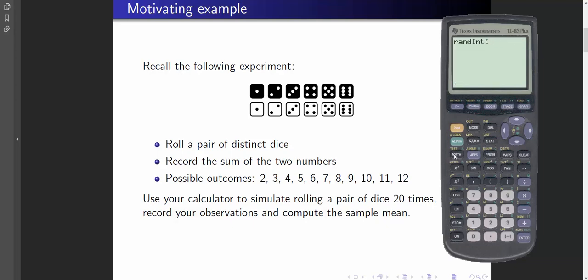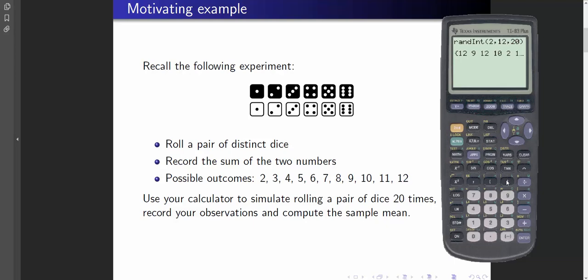That's our random integer function, and we need to tell the calculator what's the smallest value we allow. That's 2. The largest value we allow is 12. Okay, that represents these possible outcomes. And we want to simulate rolling the two dice 20 times. So we're going to say 20, close the parentheses, press enter.